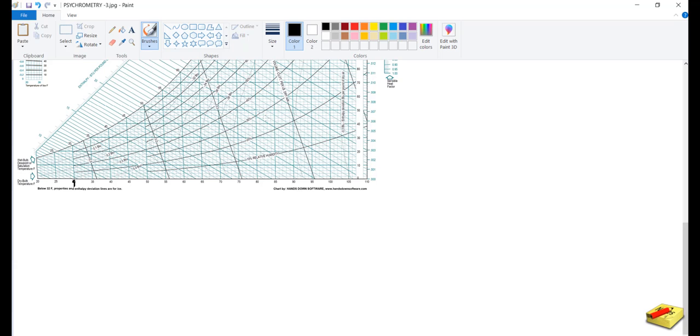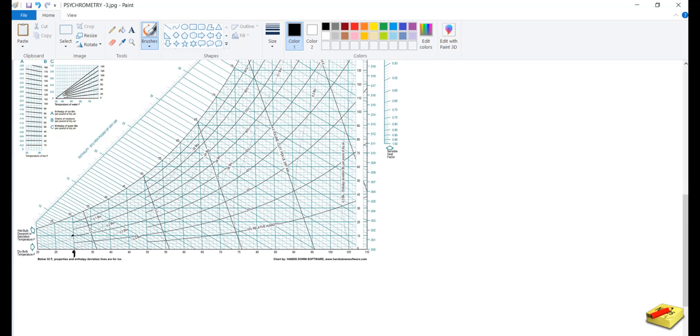So 20, 30, 40, it's here. But that is already 12 point something specific volume of dry air. Here we can see 12.5, 13, and so on.